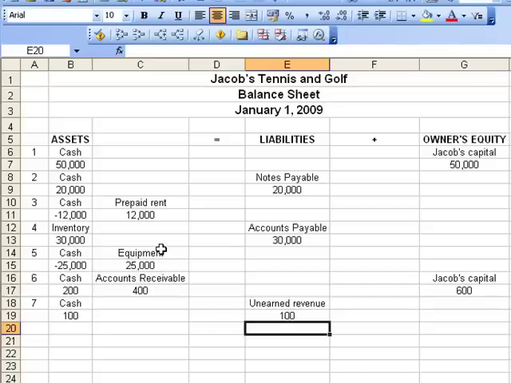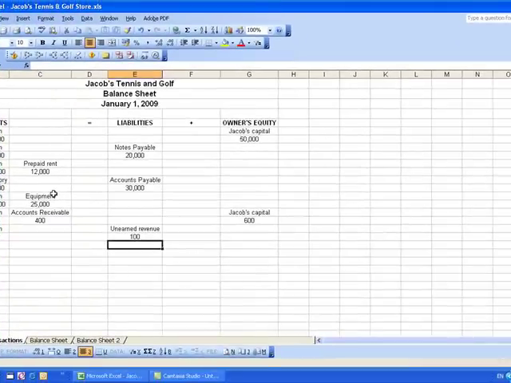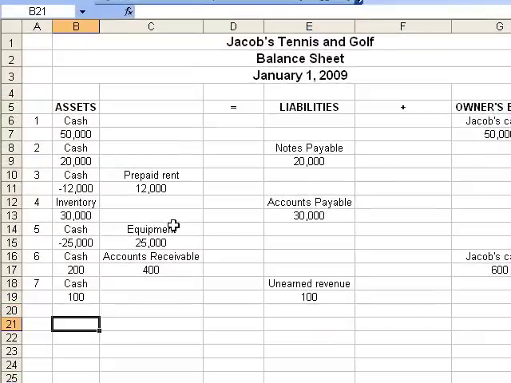We have received the money in the beginning of January, but we have a liability to render a service at the end of the month, and when we actually deliver this service, then this unearned revenue will be debited, and this revenue of 100 will go to the owner's capital.